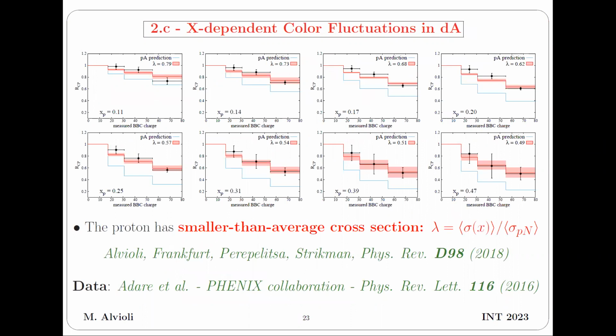And again, we tested the conclusions of this machinery against data from the PHENIX collaboration, with a similar conclusion in dA as in pA: the proton suffering hard scattering has a smaller than average cross section, as shown here.